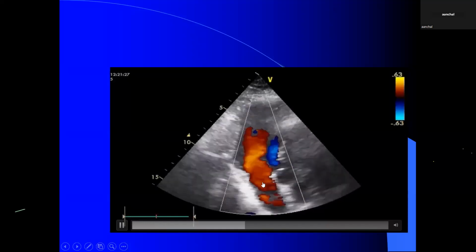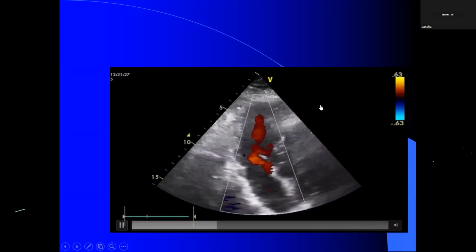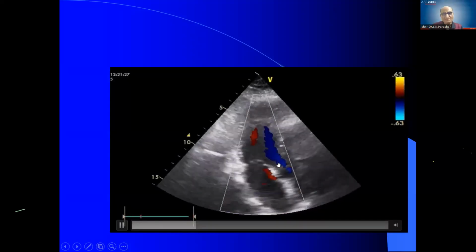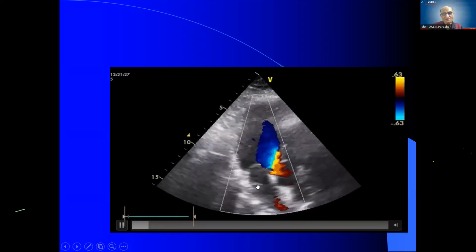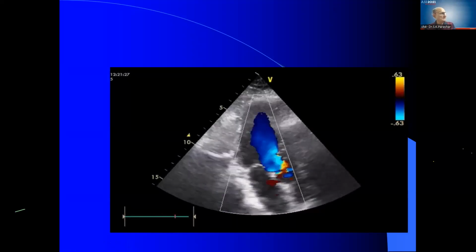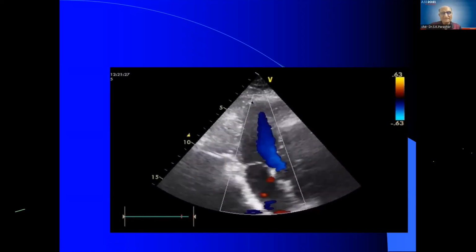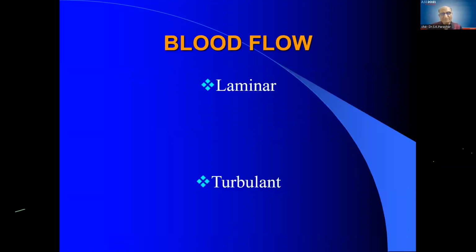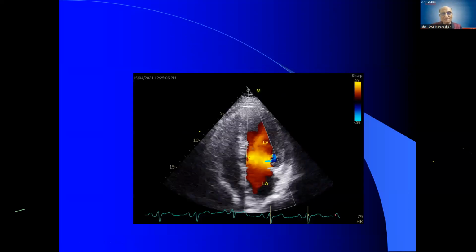There is a slight change in the color; it becomes slightly pale here, blue here. So there is aliasing in color flow also, and that again we adjust by the velocity. This is again based on pulse Doppler equipment.